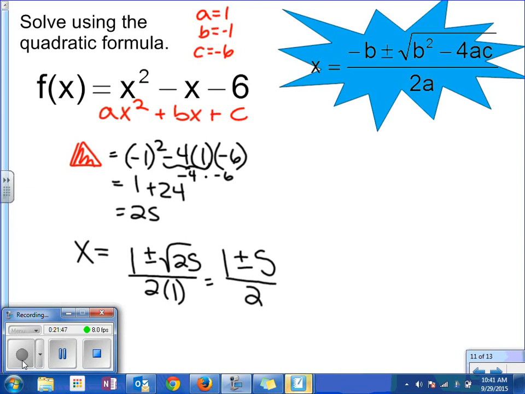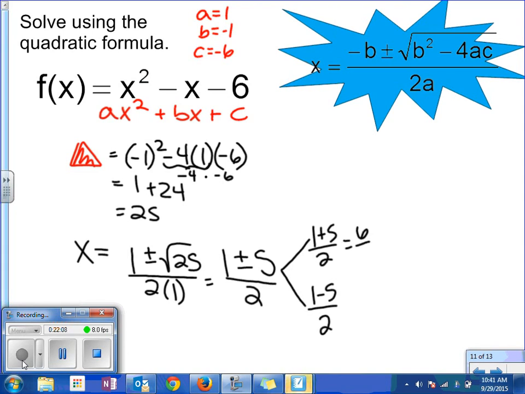So you actually want to simplify and combine these as like terms, but you have to do them as two separate ones. Okay? So one of your answers is 1 plus 5 divided by 2, and the other answer is 1 minus 5 divided by 2.